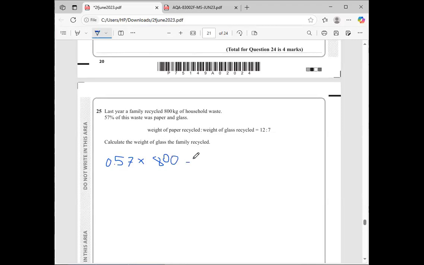That gave us 456. The weight of paper recycled, the weight of glass recycled. So we now said 7/19 times.